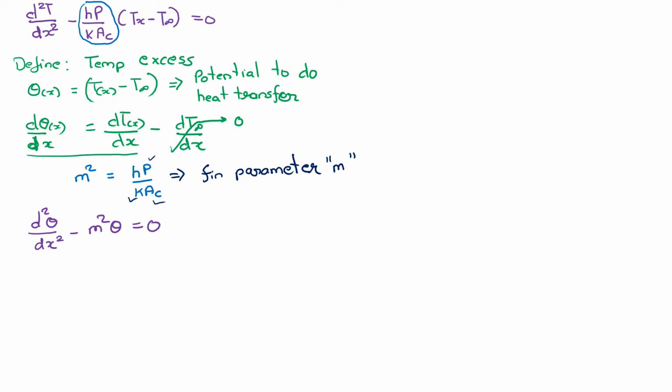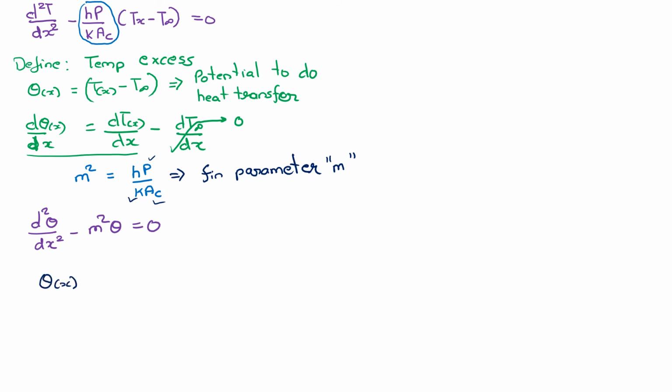Now the solution to this differential equation is a standard solution. You need not solve this differential equation, but you can just remember this or refer to the book for the solution of this equation.